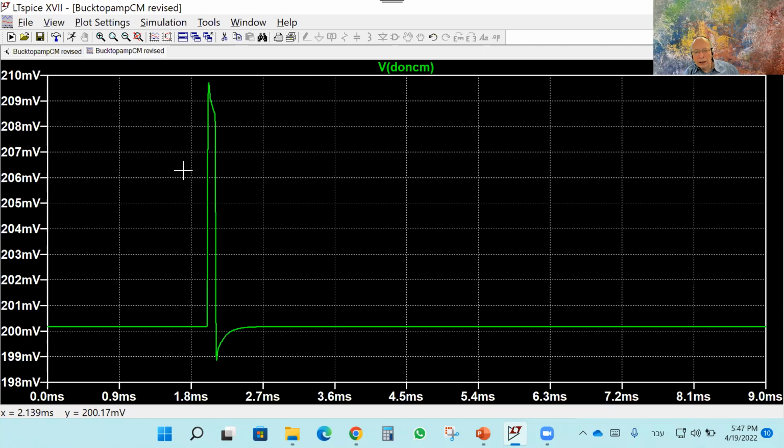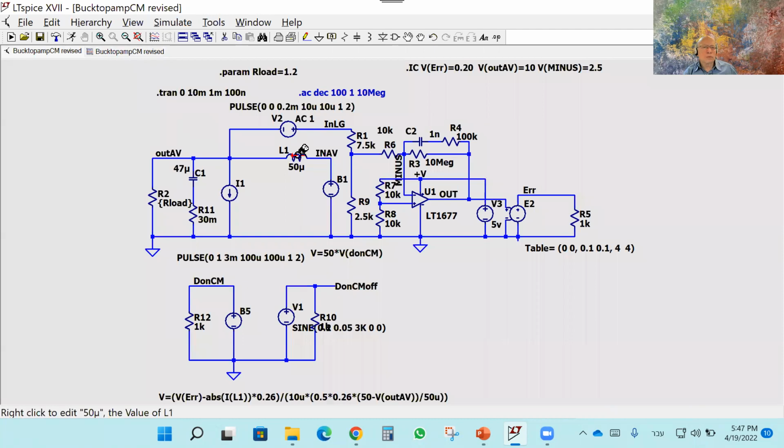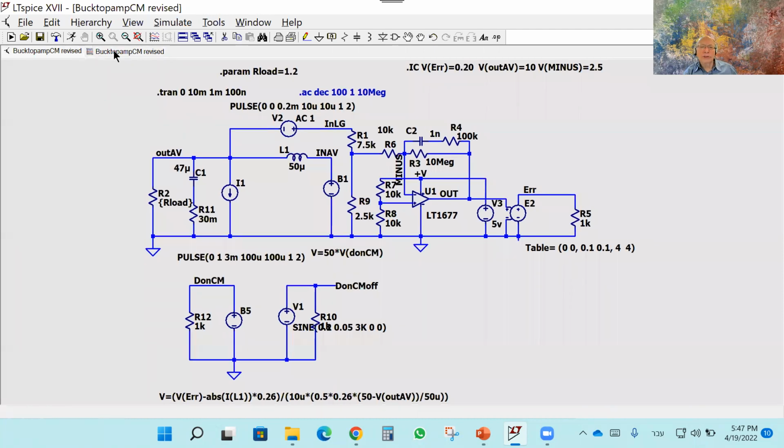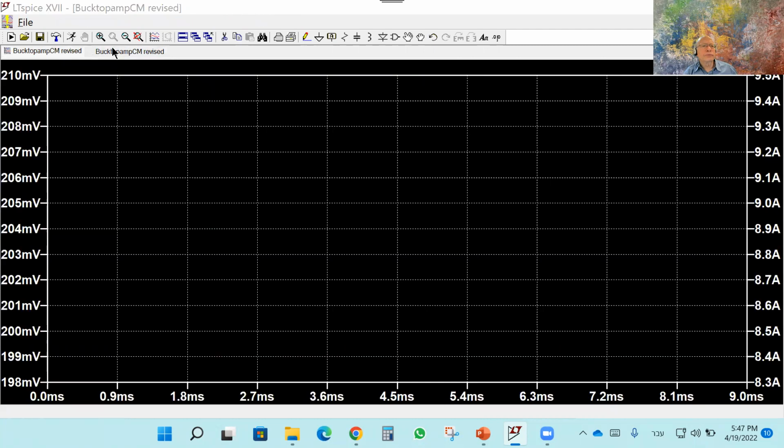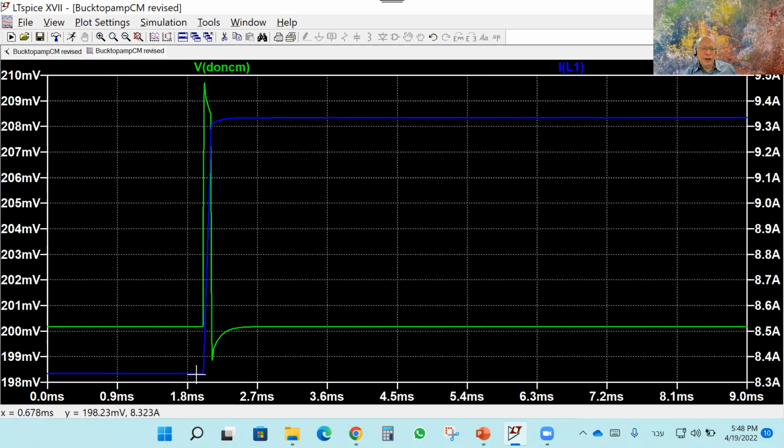But then when the current comes to its value, let me put the current now. Here is the current, the average current. You see, we had this current, and now it went to a higher value. I've added 1 amp. Again, VE was related to this. VE now is related to this.